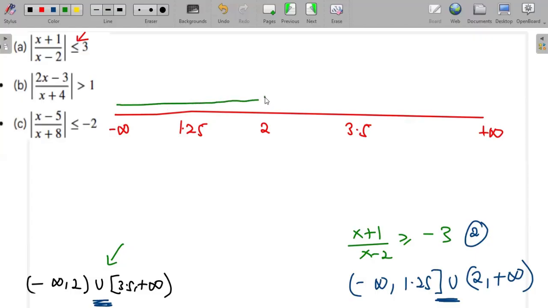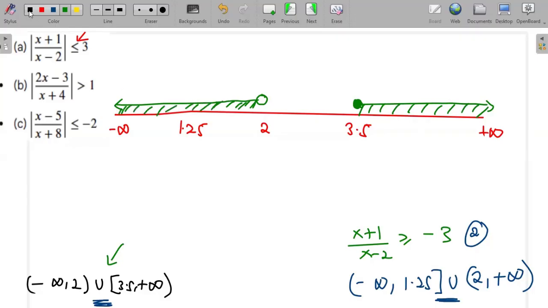The 2 is not included, so I'll put an open circle. And then the other part of this answer is from 3.5 to positive infinity. So I can shade this part and also shade that part. That's the first part of the answer.